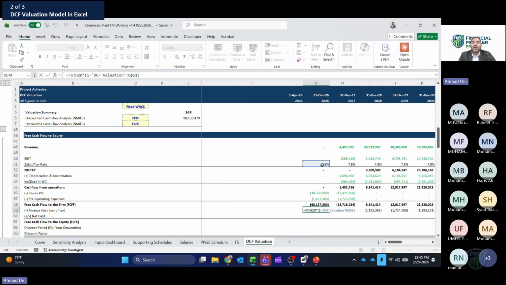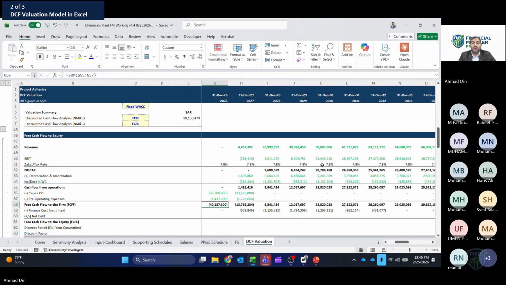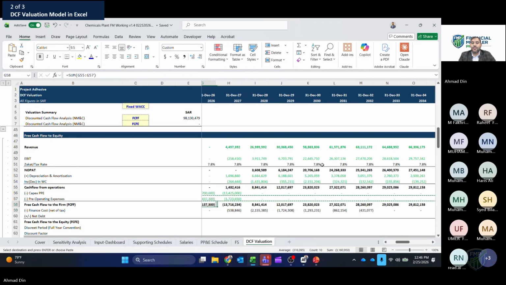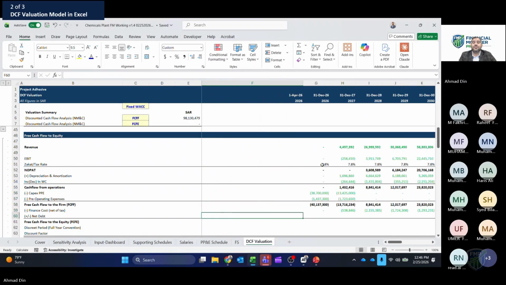Then we have a net debt. What is our net debt? How do we link it with our financials? From the cash flow statement, it is the movement of the debt in that certain year. Within the year, what is the movement?